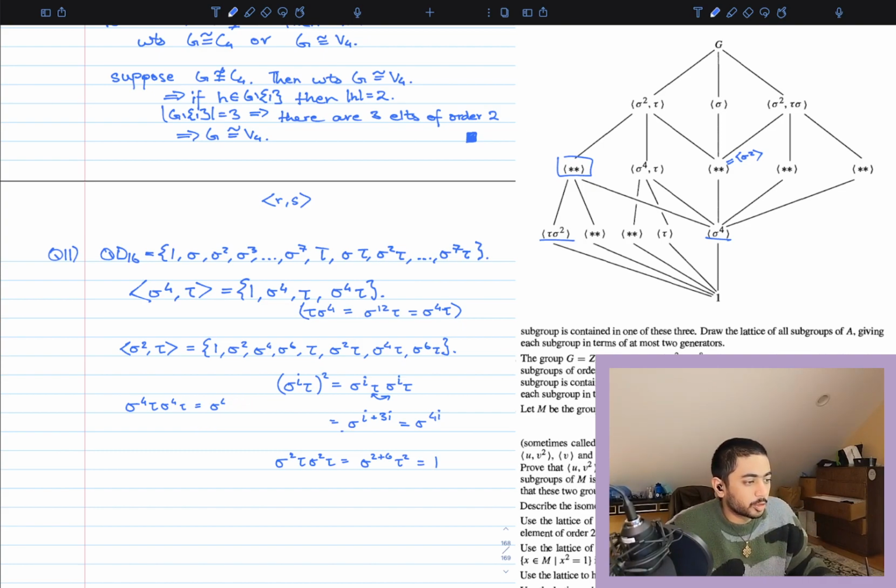And instead of 4s, if we just did 6s, so sigma 6 tau, then this comes out to sigma 6 plus 18 tau squared, which is sigma to the 24, which should just be 1 cubed. And then tau squared is also 1, so this is just 1.